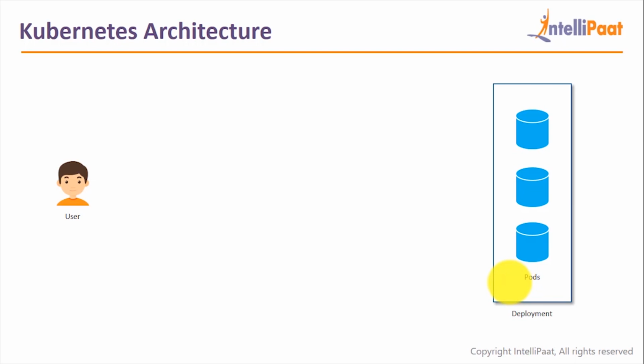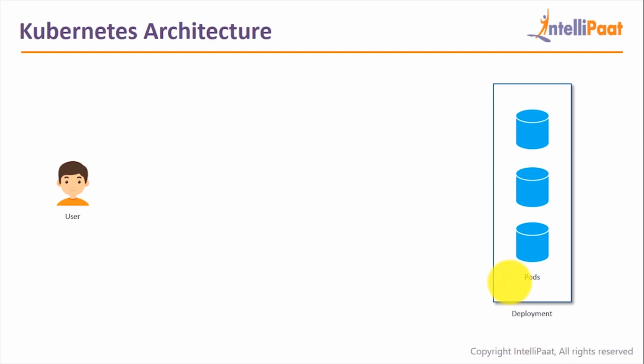For example, if you have a PHP container and your files are in a different container, then basically these two containers cannot work without each other, right? Your files need the PHP container, and your PHP container needs the files to basically give you the website. So these two containers are bound together. They are supposed to work together.